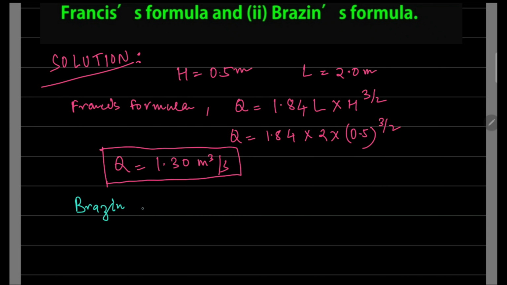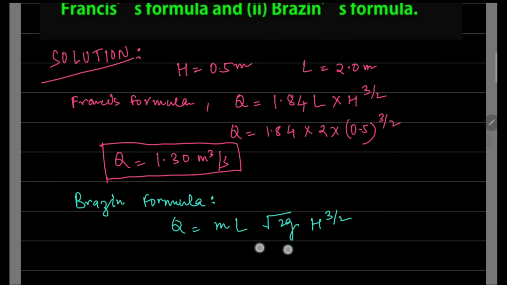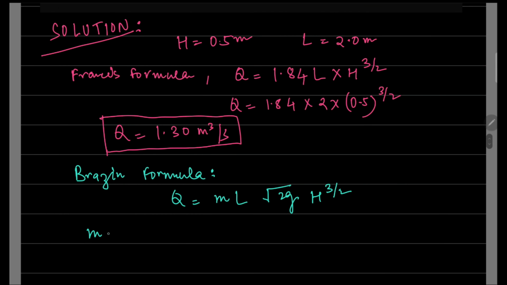The Bazin formula is somewhat different, where the involvement of H is more. The Bazin formula says that Q is equal to M into L into under root 2G H raised to the power 3 by 2. M is a different constant that depends upon H itself.